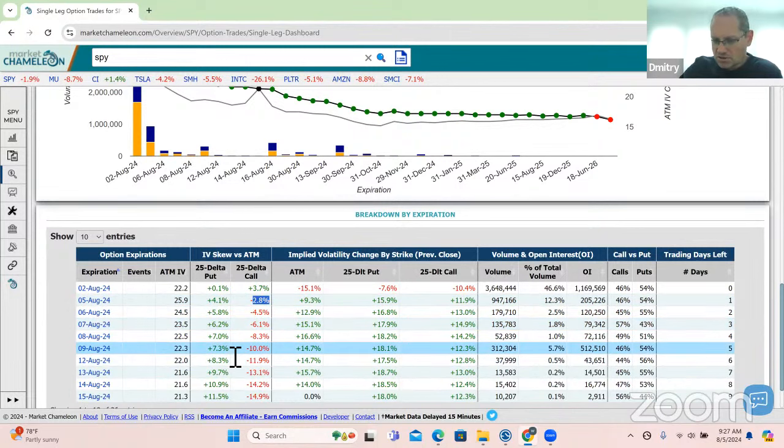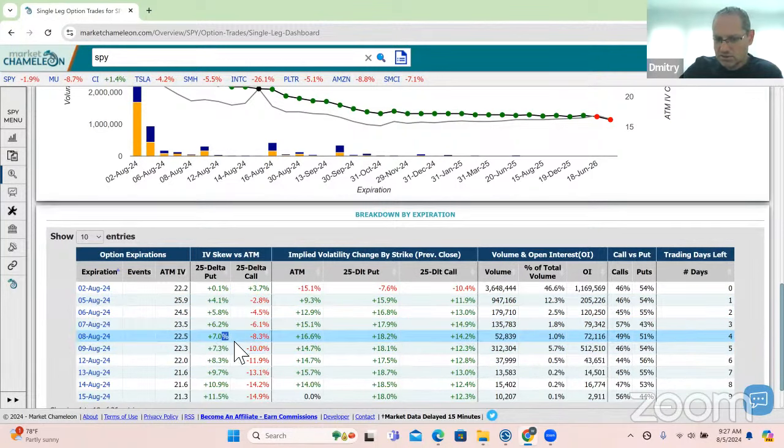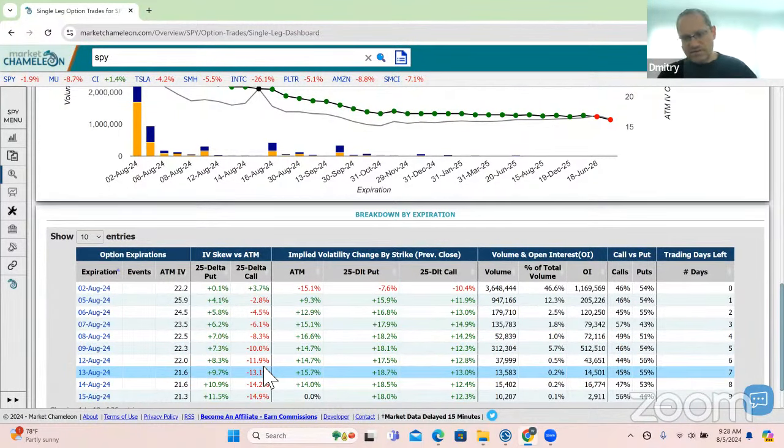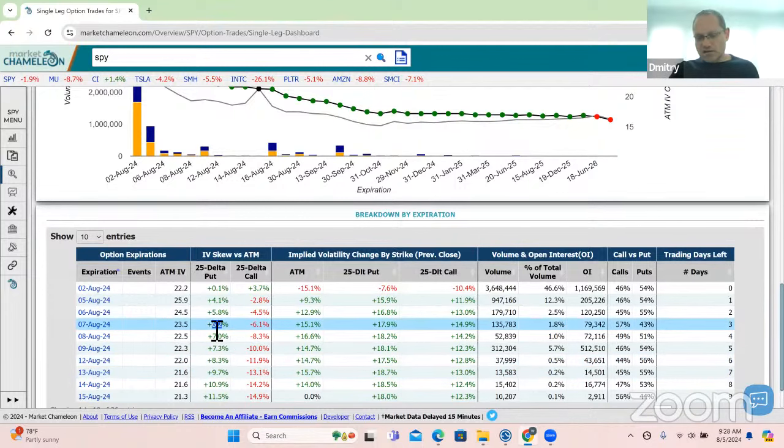So this lets us see, on a relative basis, what a downside 25 delta put versus a 25 delta call looks like relative to the money. And we see that as the strike goes lower, implied volatility goes higher.